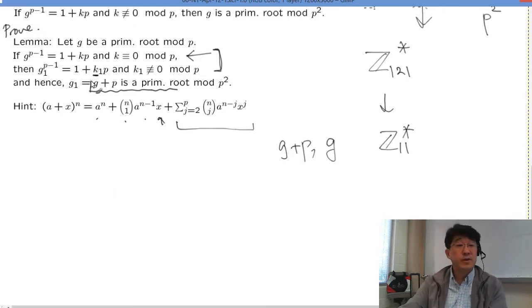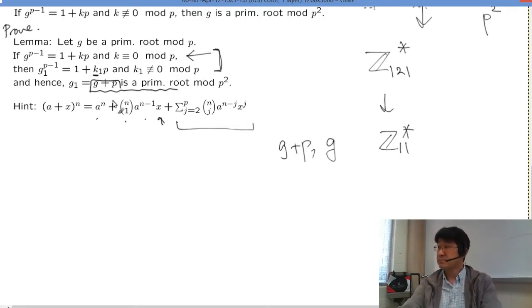What you have to do is raise g plus p to what power? No, not squared. What you have to test is this, right? To new g1, if you raise the p minus 1 power, you have to expand it and be able to show that it's 1 plus k1 times p, where k1 is not 0 mod p, right?